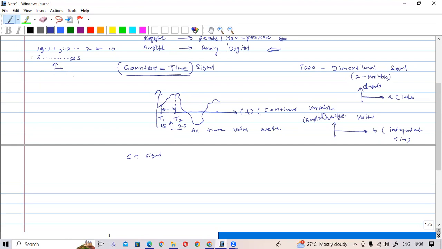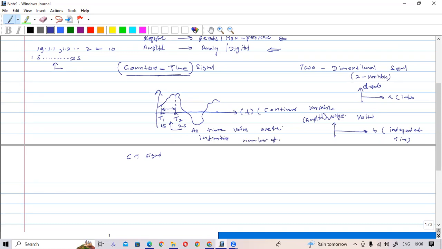If you have 3 decimal places, you will have 1000. Likewise, if you take more decimal places, you will have more values. So here you can't count the values. There can be an infinite number of values.